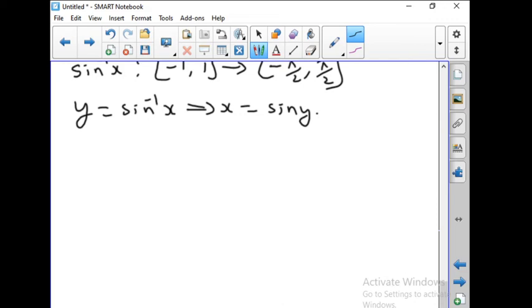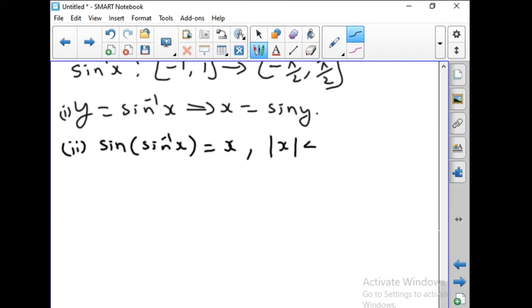This is the first one. The second one is sine of sine inverse of x is equal to x, when modulus of x is less than or equal to 1. The third one is sine inverse of sin x is equal to x.